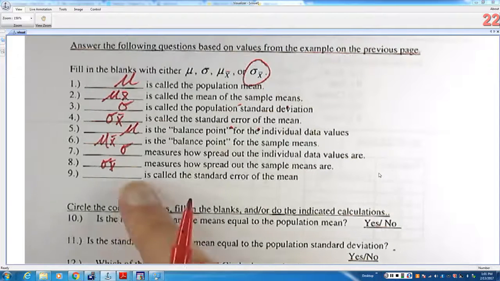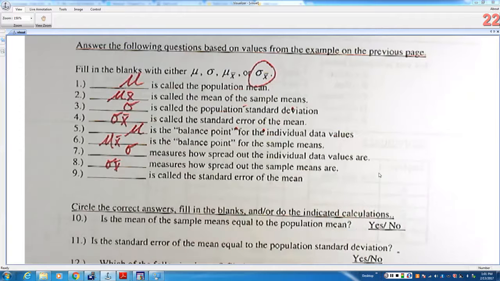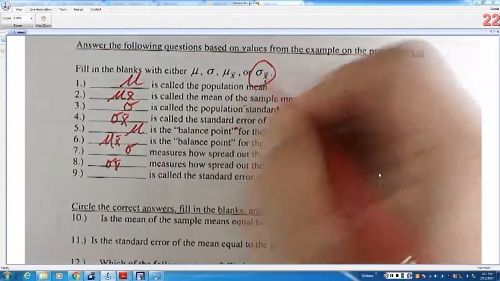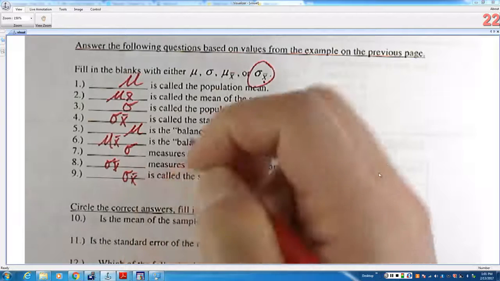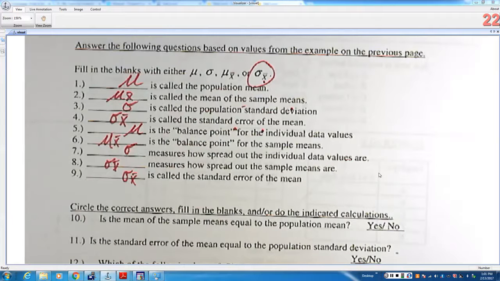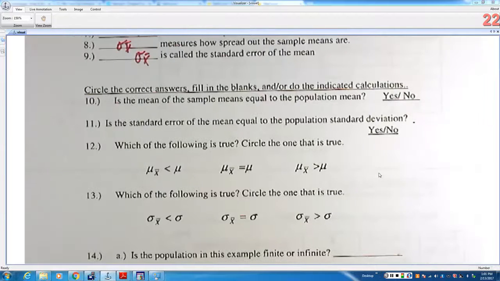It's called the standard error of the means. Which one is it? Sigma sub x bar. That's the standard error. Now let me ask you this: is the mean of the sampling mean equal to the population mean? You told me that already.